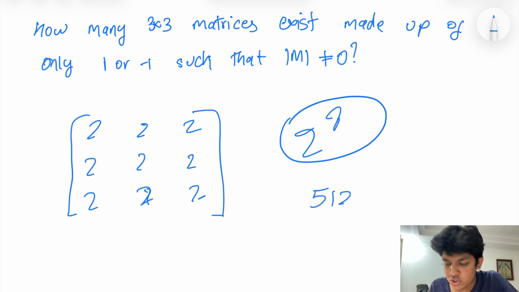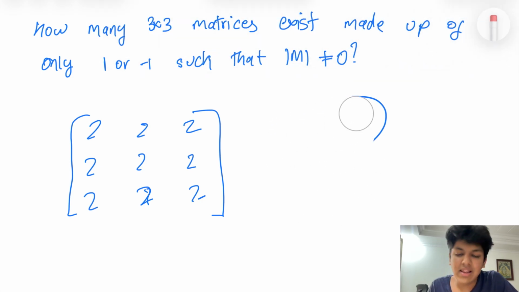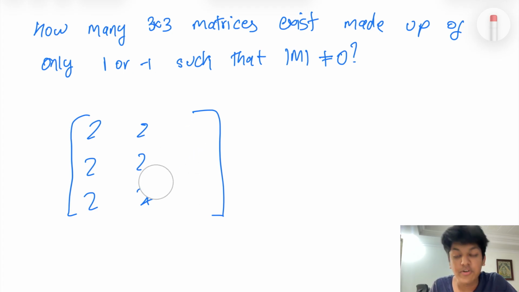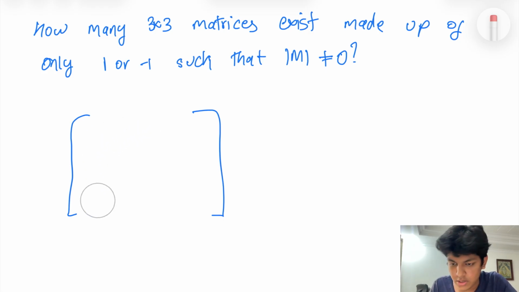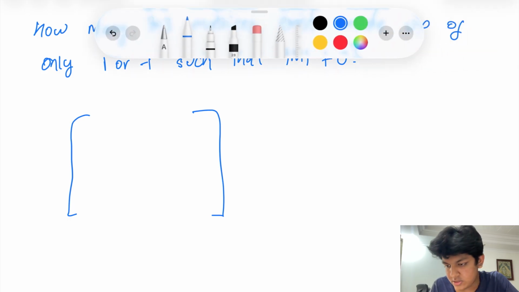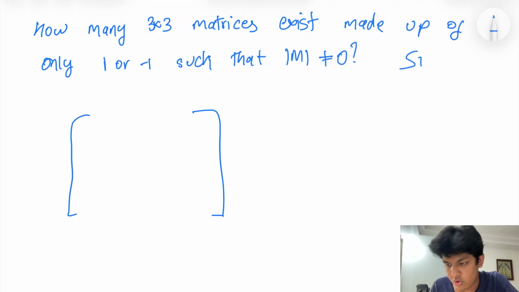Okay, so we should note this down that the total number of matrices is 512. Okay, in the end we'll subtract the matrices whose determinant is 0 from 512. So let's keep 512 in a corner over here.